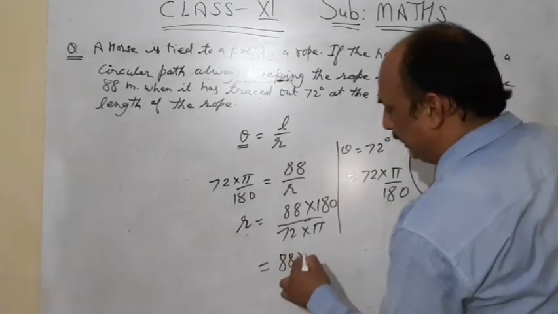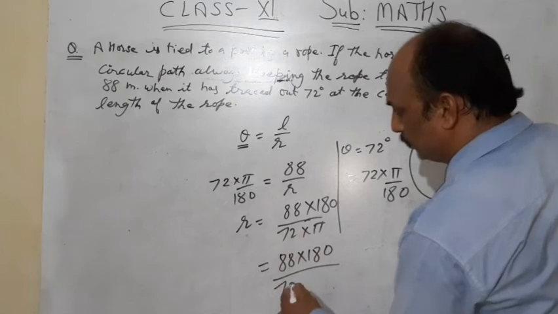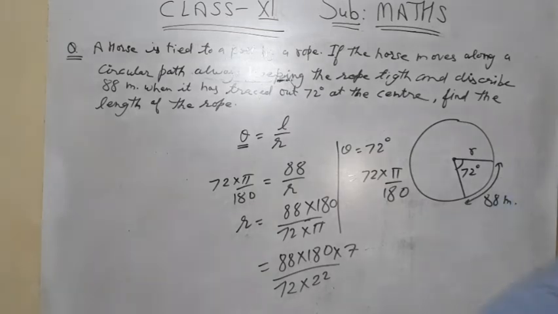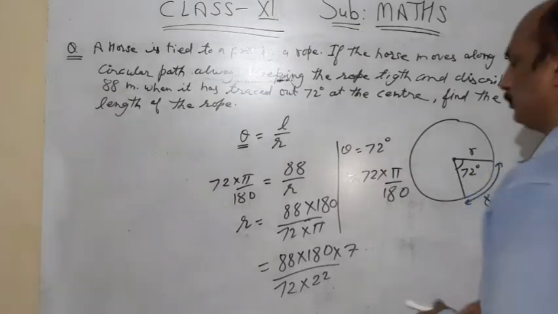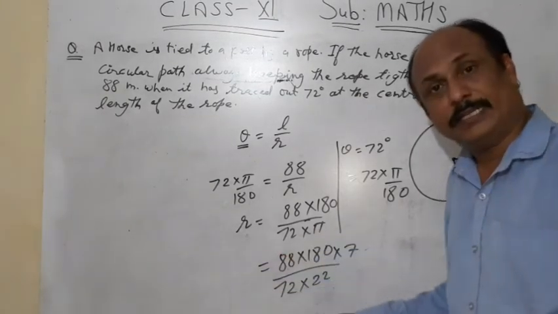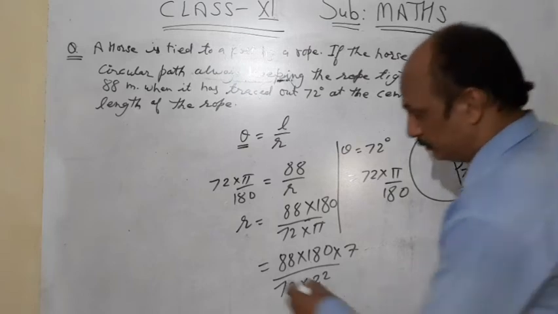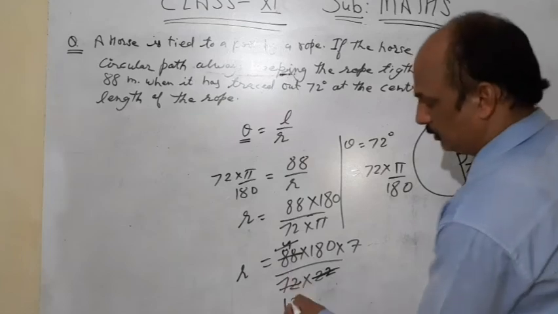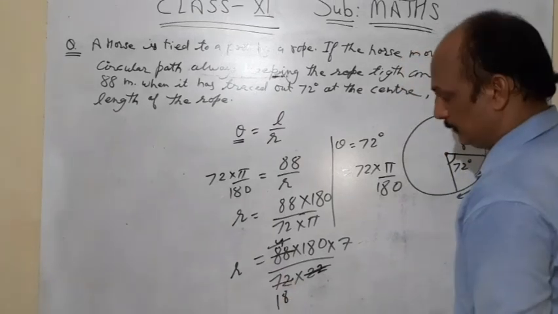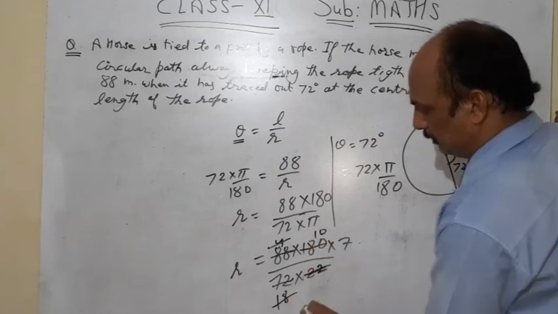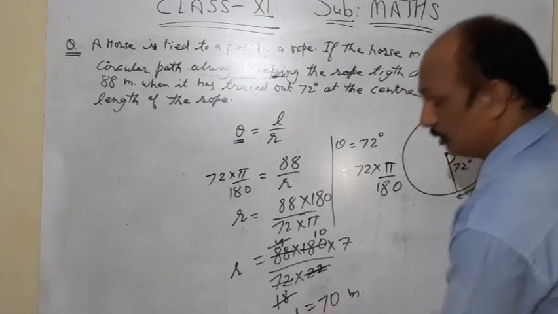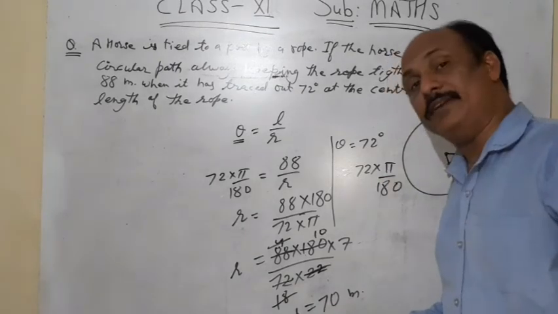So it is 88 into 180 upon 72, into 7 upon 22. Beta, can we calculate it? Yes, 4 times it is. So the answer is 70 meter. So the radius is 70 meter.